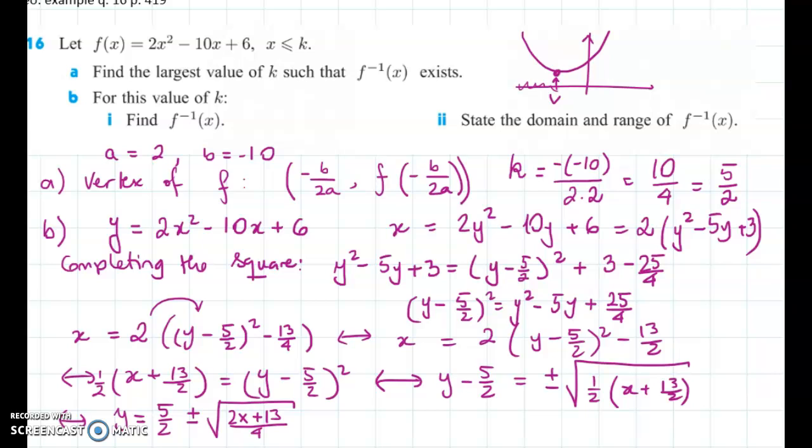And maybe at this point it's good to go back to the picture we have, or maybe even make a better one. So let's see what we know about the function. We know that the y-intercept is at 6, and we know that the vertex has x-coordinate 5 over 2.